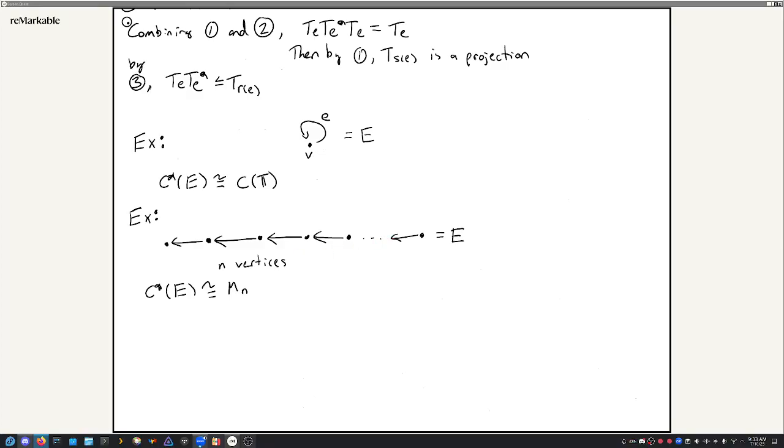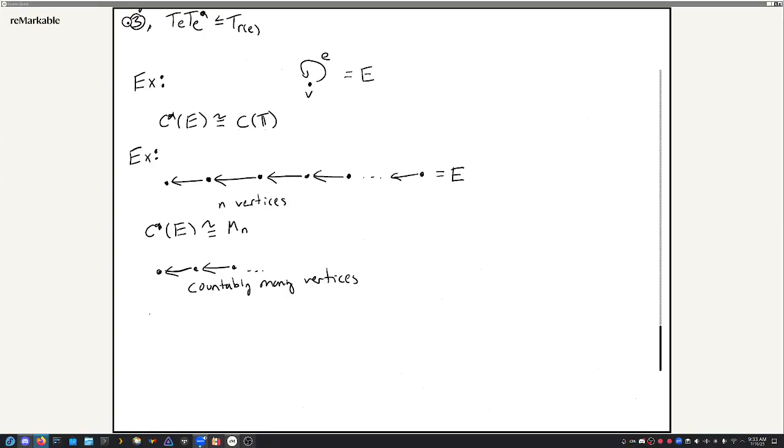But you could do this with countably many vertices, and you get that the C star algebra of that graph is isomorphic to the compact operators on some separable Hilbert space.